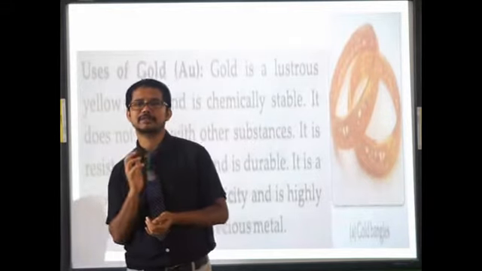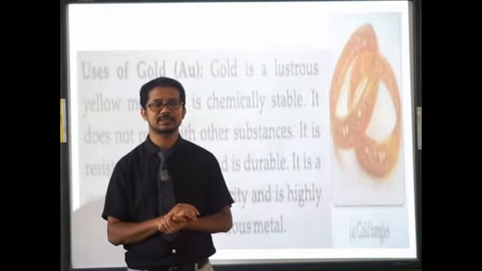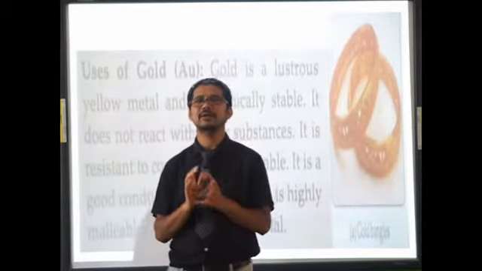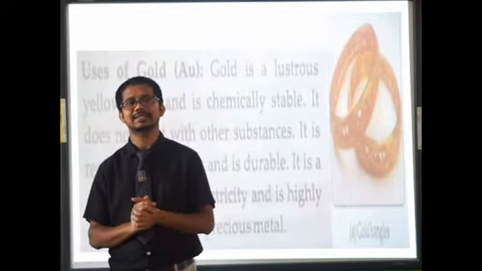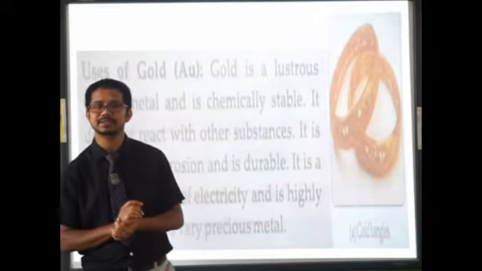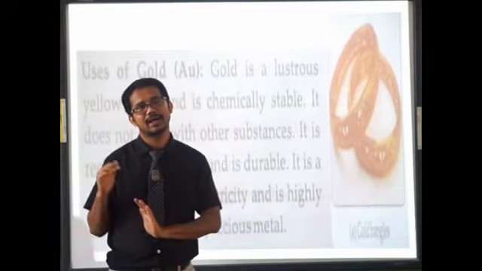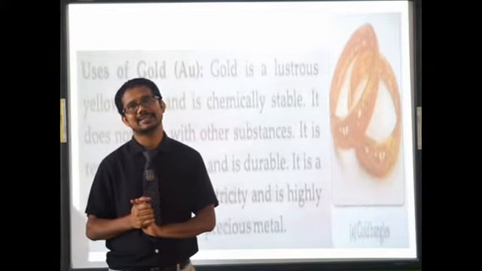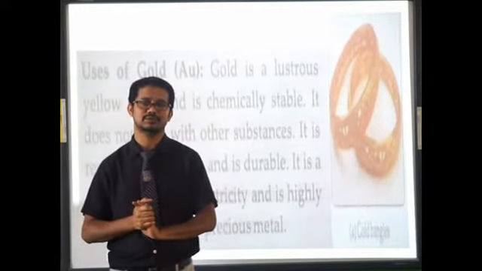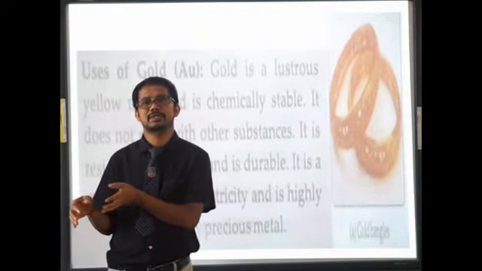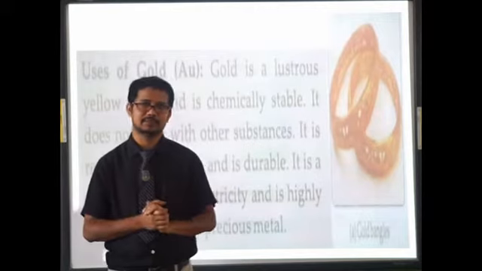Then they have a specific color, whereas non-metals are dull. And generally metals are solid except mercury, which is liquid. Rest of the non-metals are liquids, gases, and even solid non-metals are also there. So that was some of the properties of metals.